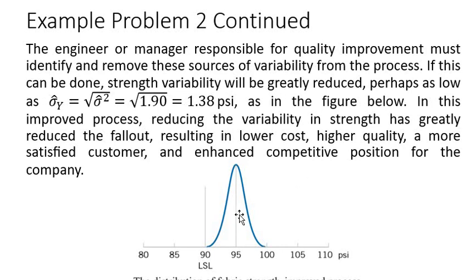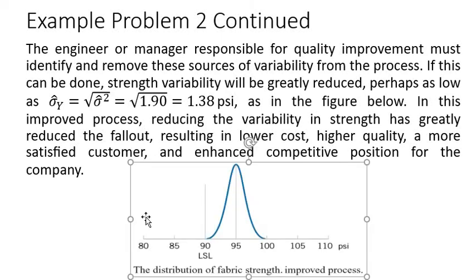This is an improved process. In the improved process, reducing the variability in strength has greatly reduced the fallout, resulting in lower cost, higher quality, more satisfied customers, and an enhanced competitive position for the company.